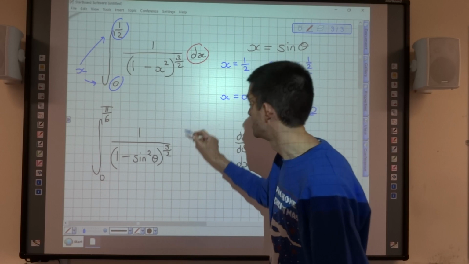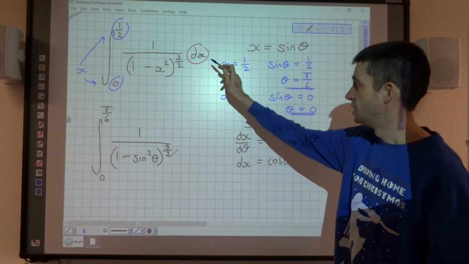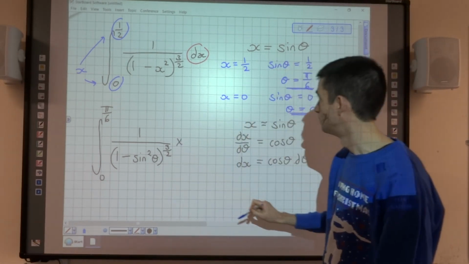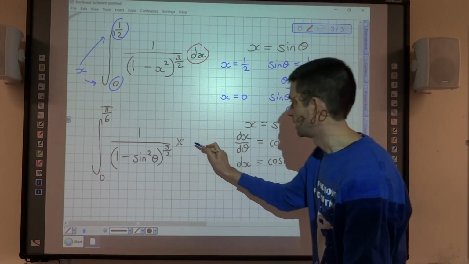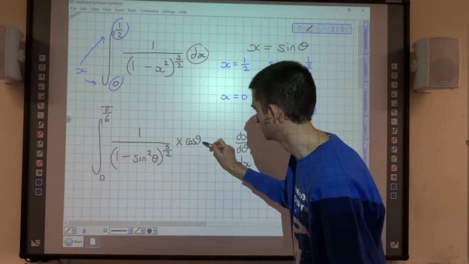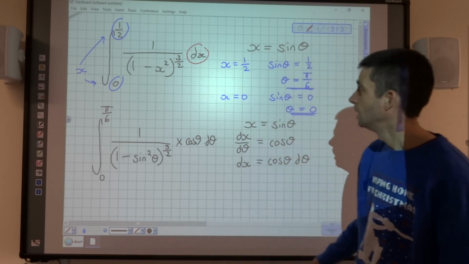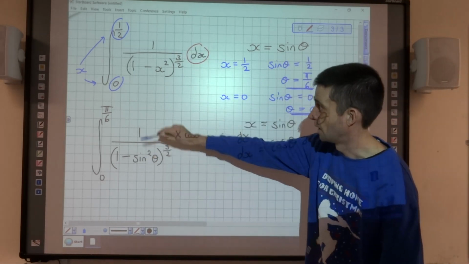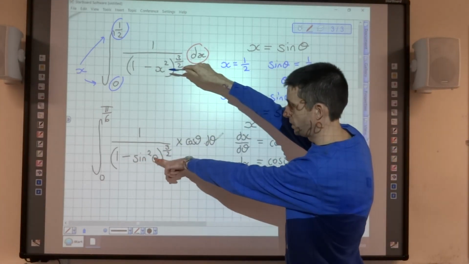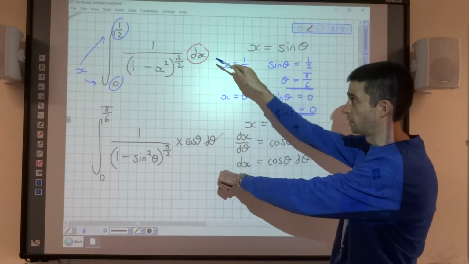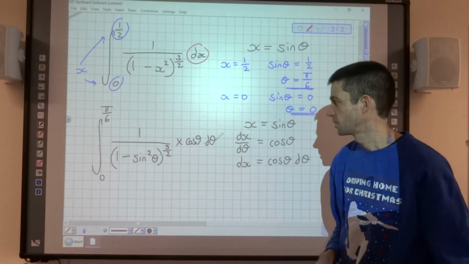That's to the power of 3 over 2, so that bit hasn't changed. But dx is now swapped, so I'm going to put multiplied by cos theta d theta. So this is what our integral has now become. Limits are changed, sine theta's gone in for x, cos theta's gone in for dx.